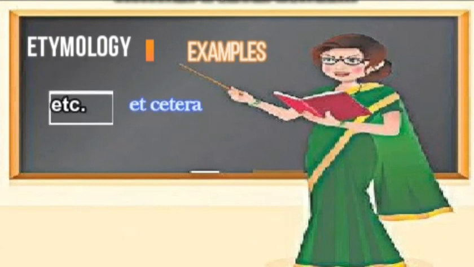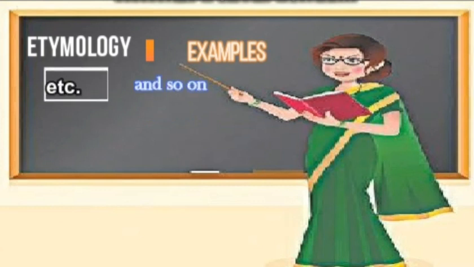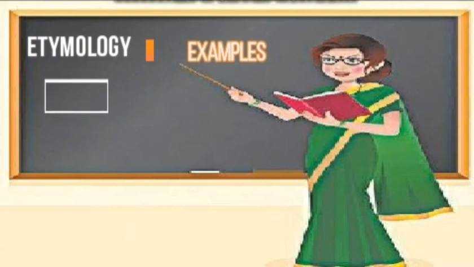And here, etc., we say et cetera, right? Actually, it is taken from the Latin language, and etc. means "and so on." Next, the important one we use everywhere, E.G., and we say "for example."